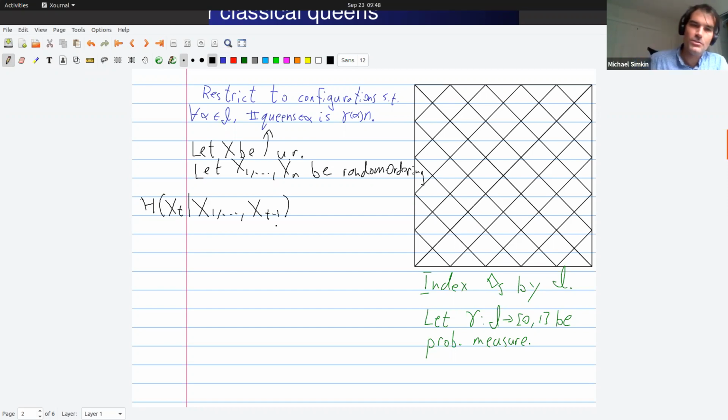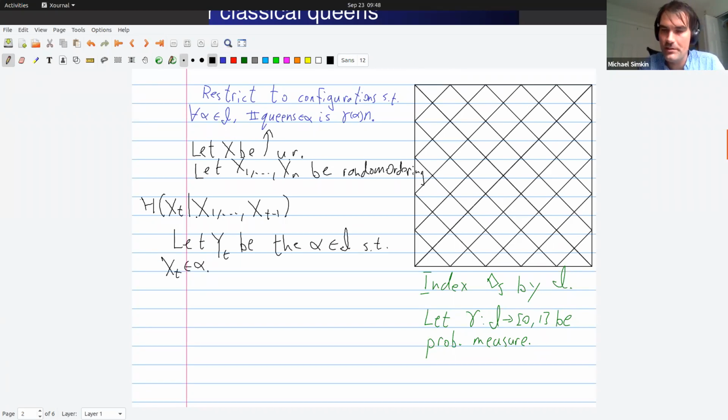So I have two things going for me. The first is that I know that this queen's configuration matches this distribution gamma that is known to me. So I can define an auxiliary variable, let yt be the diamond alpha such that xt is in alpha.